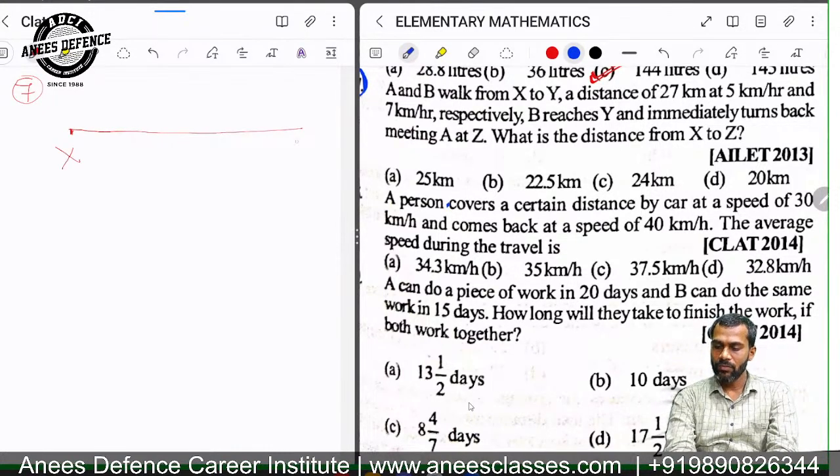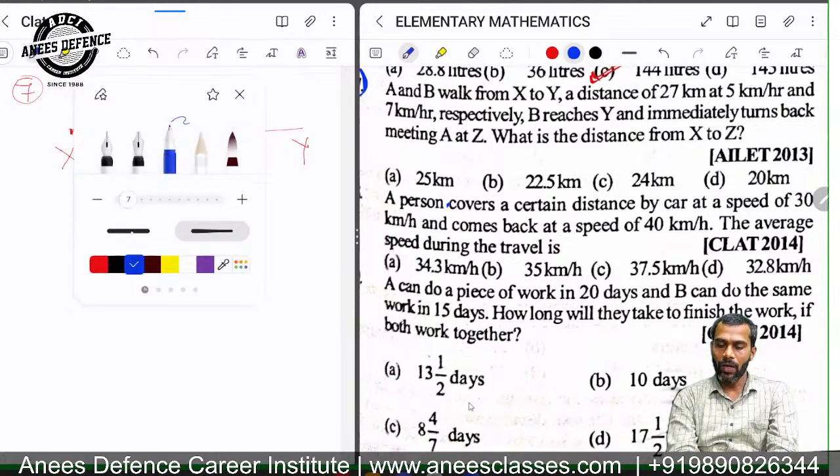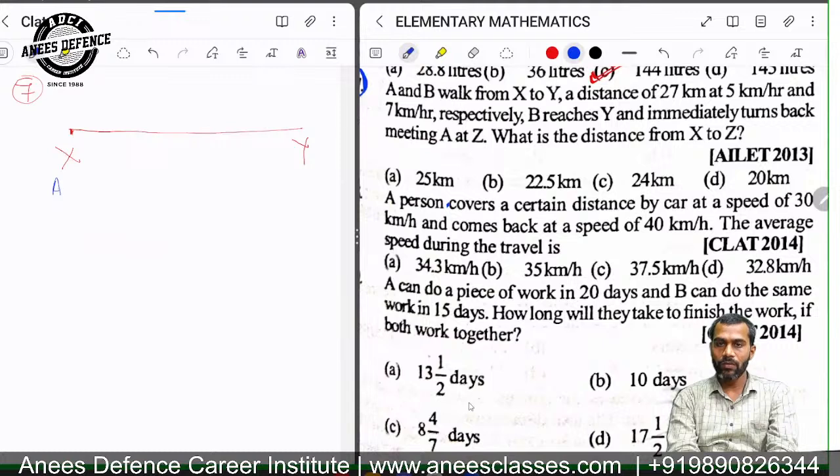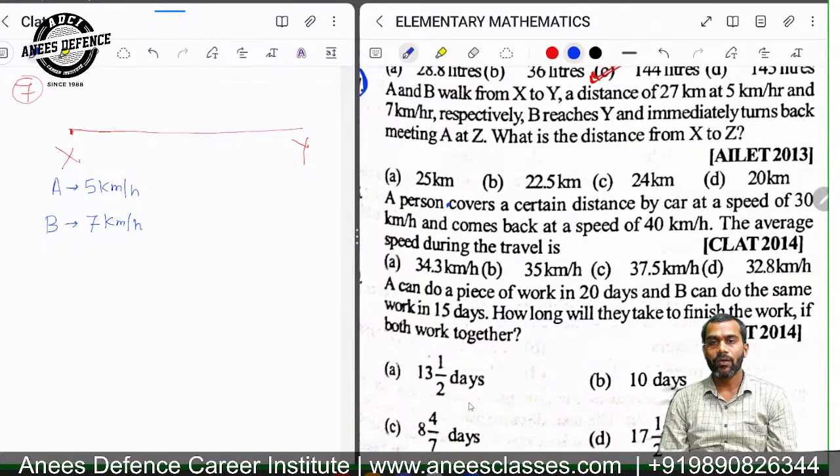This is X. This is Y. And A starts at the speed of 5 kilometer per hour. And B, 7 kilometers per hour. Yes or no? Distance 27 kilometers.